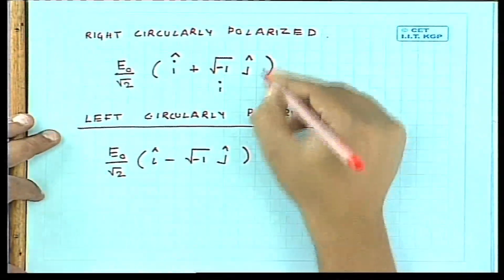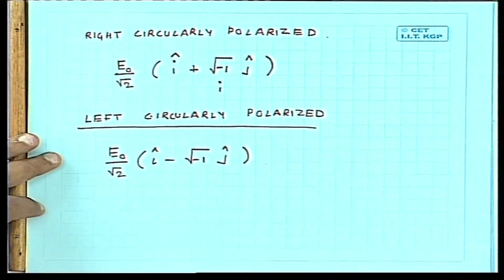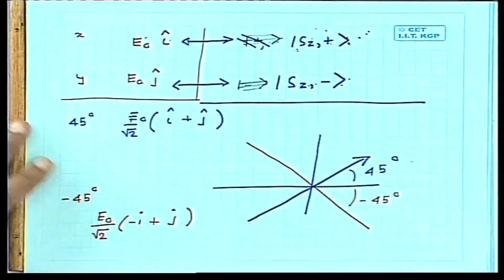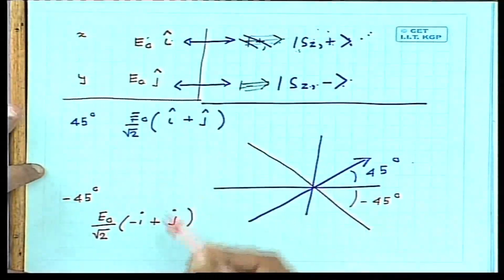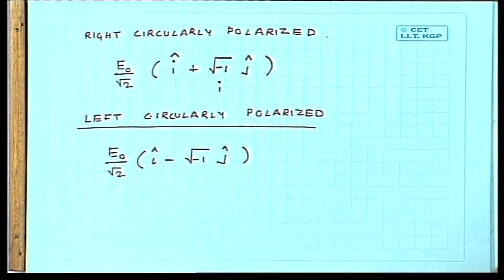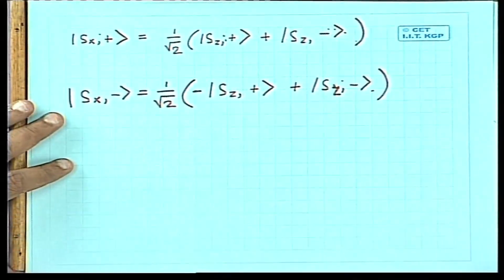And these states are two orthogonal states again, and they are distinct from either this set of linear states or this set of linear states. So this is how we can also represent the spin along the y direction.